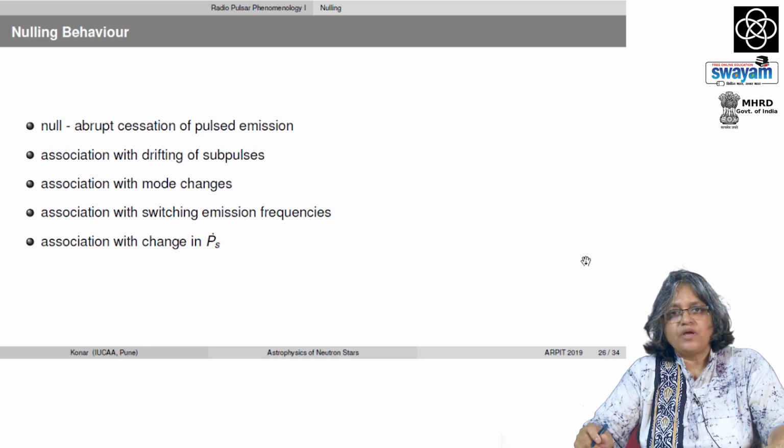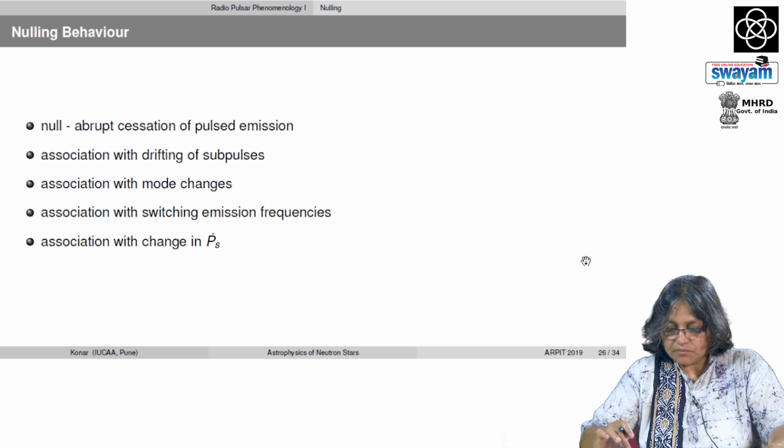So, therefore, charged particles are not taking away energy from the pulsar. So, that component of energy being lost by the pulsar becomes smaller and therefore, the period derivative, which is a measure of the loss of rotational energy, also changes.